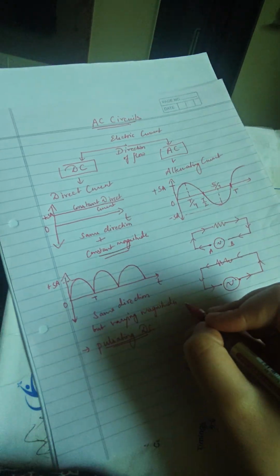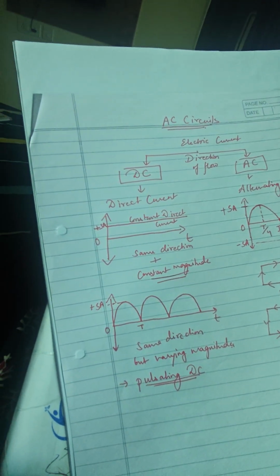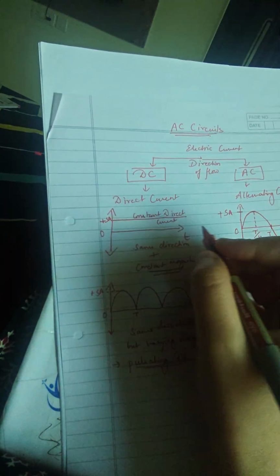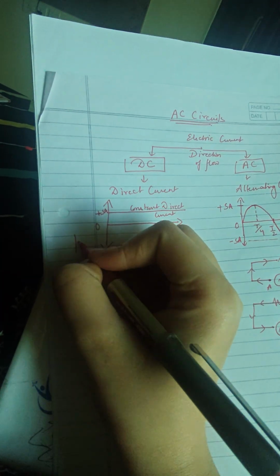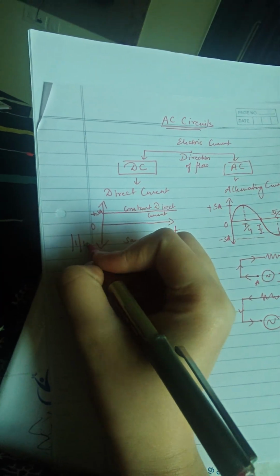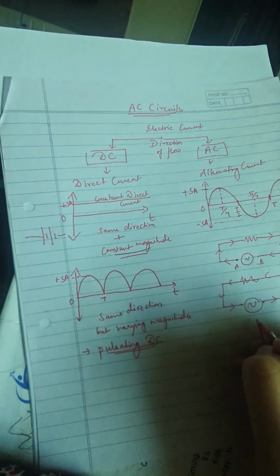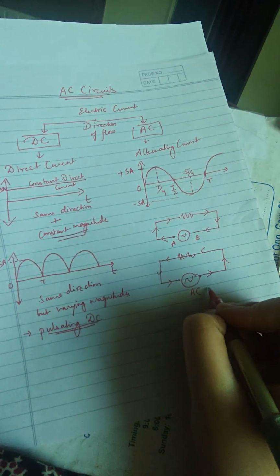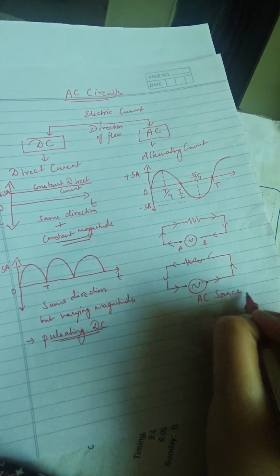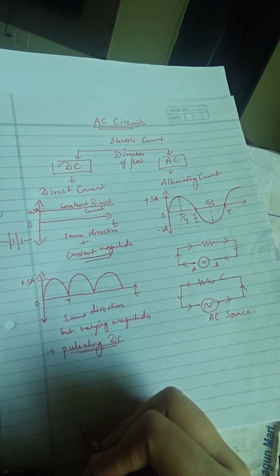As of now, you were showing this type of constant current using batteries, with a symbol like this, but this is the AC source. This is your AC source.